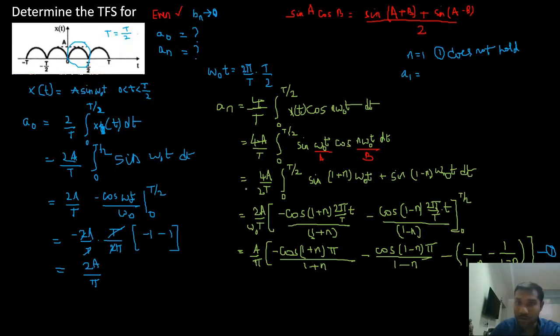a1 is equal to 4A by, here I'll substitute n is equal to 1. In this equation, at this level, I will substitute n equal to 1.